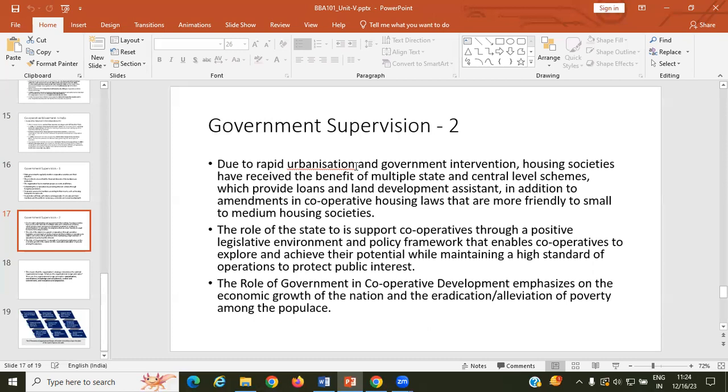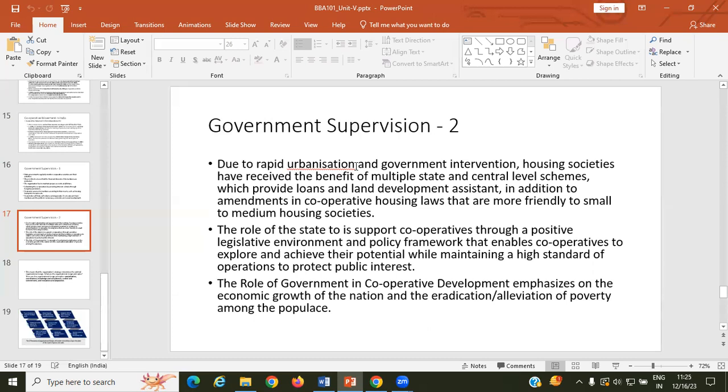So the main objective of cooperative society is to remove poverty, uplift the people who are below the poverty line, or who are not having access to facilities like transportation, water, and current, all these things.